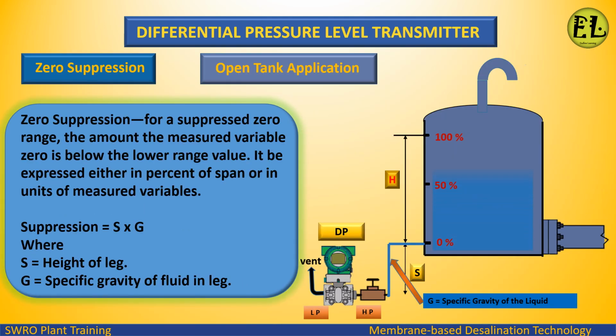Zero suppression. For a suppressed zero range, the amount the measured variable zero is below the lower range value. It may be expressed either in percent of span or in units of measured variables. Suppression equals S x G, where S equals height of leg, G equals specific gravity of fluid in leg.